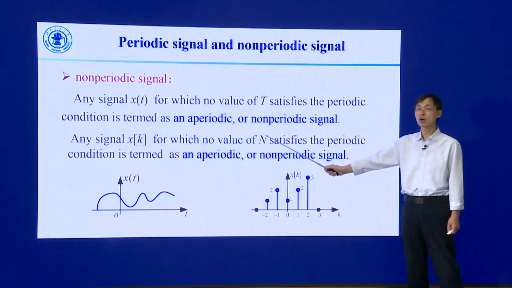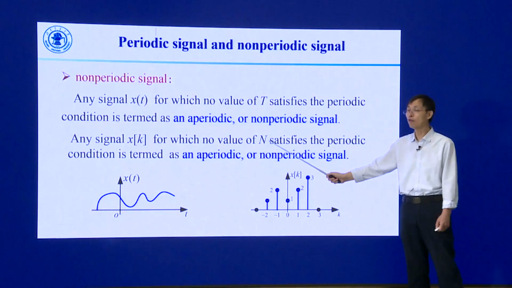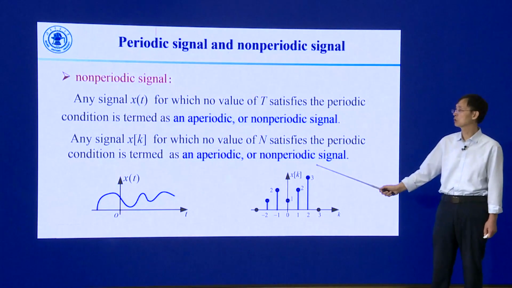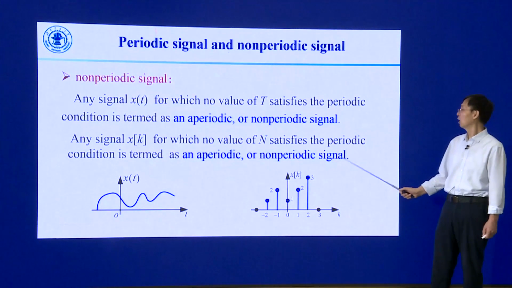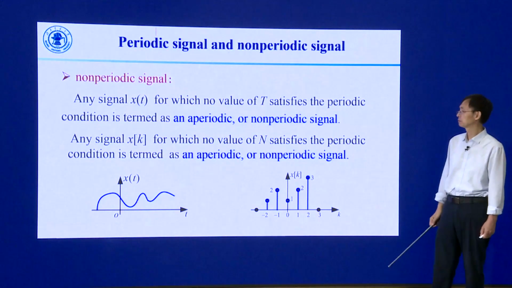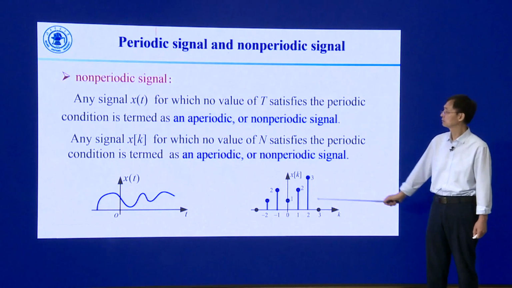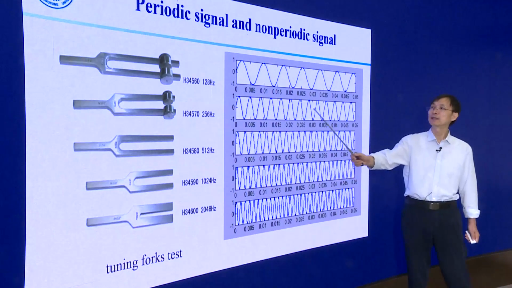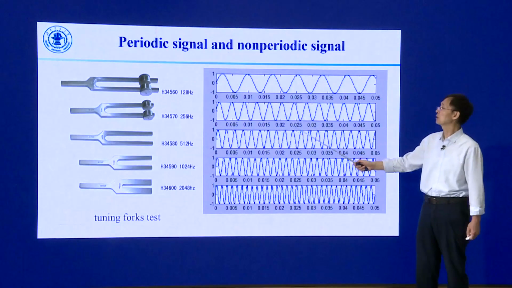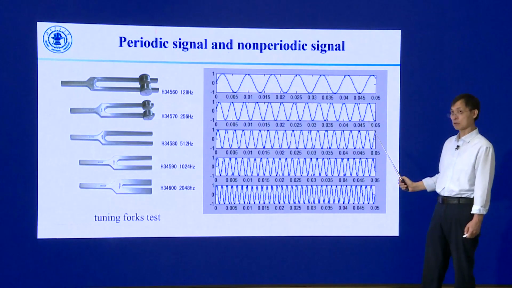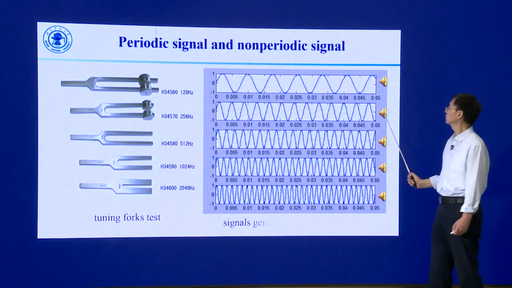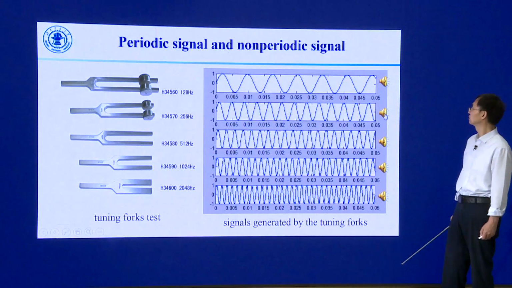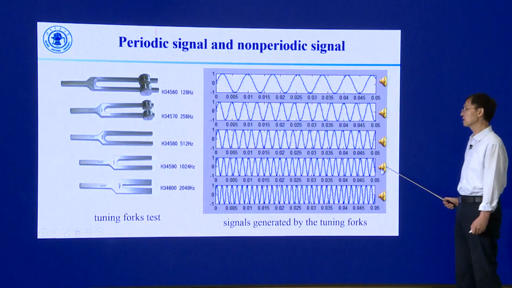Any signal x of k for which no value of n satisfies the periodic condition is termed as a non-periodic signal, such as this signal. Here are the tuning forks. They can generate the periodic signals. For example, let's listen to this. Let's listen to this.